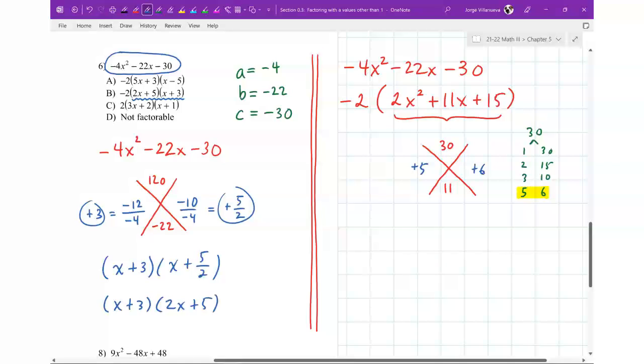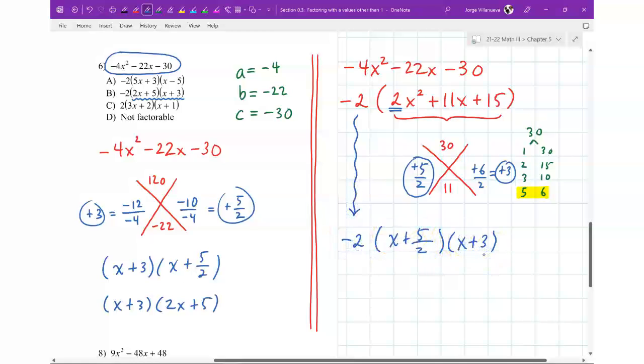Now, are those my answers? Not really, because you have this 2 in the very front that you got to divide by. So let's divide by 2. Notice this one does not divide, but this one does. That's a positive 3. So your answer is, so remember that negative 2 has to drop. x plus 5 halves, x plus 3.